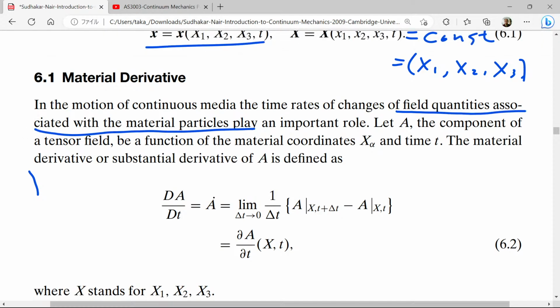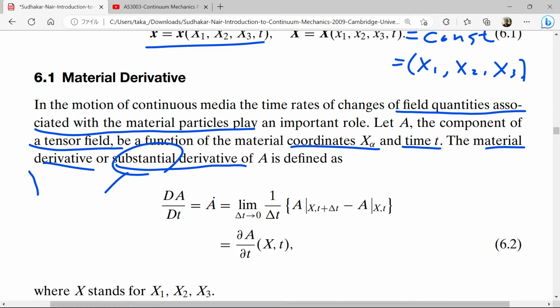Let A, the component of the tensor field, what is a tensor field, be a function of material coordinates X alpha and time. The material derivative or substantial derivative of A is defined as substantial material derivative.